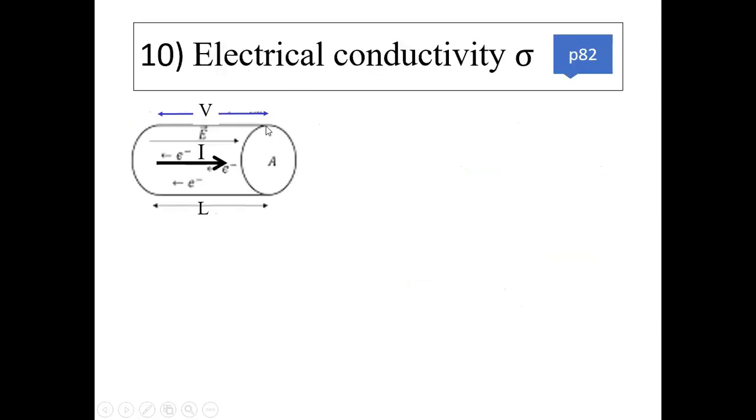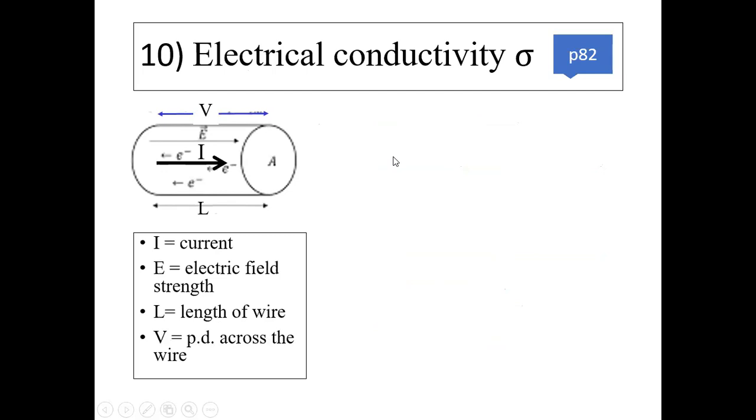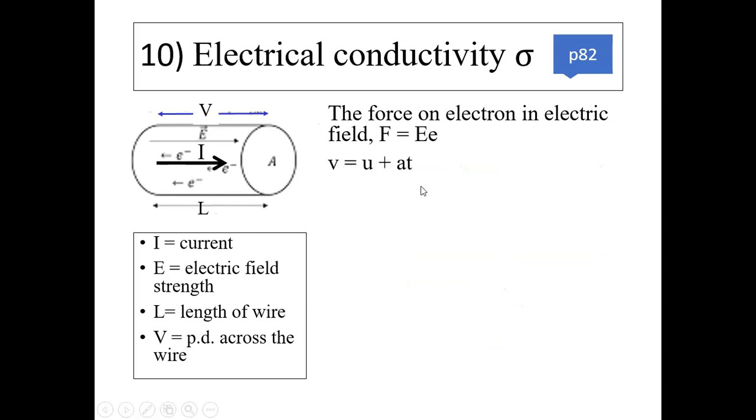Same. There's your wire, cylindrical wire, cross-sectional area A. That's the length L. That's the potential difference across the wire V. Page 82. Remember our force on electron in electric field is F equals to eE. And then there's our motion, accelerated motion.